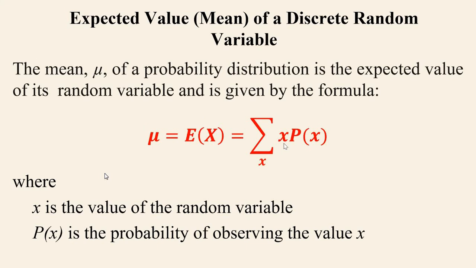Here x is a numerical value and probability of x is the probability associated with this numerical value. So mu is equal to expected value of x, which is calculated using this formula: summation of x into p of x.